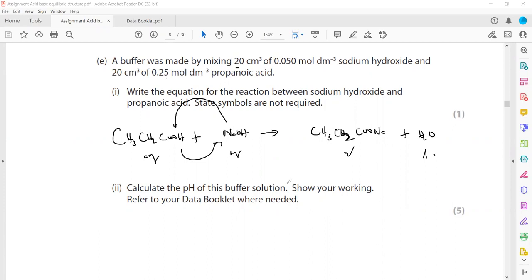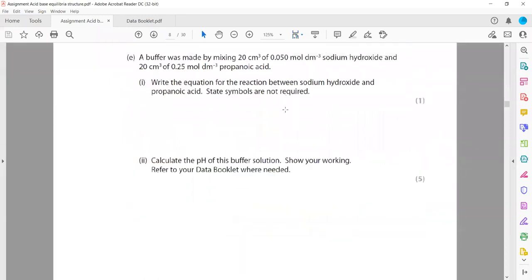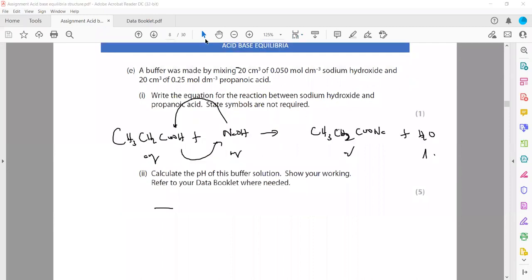Calculate the pH of this buffer solution and refer to the data booklet. Why do we need a data booklet? Because we need the Ka value, the dissociation constant. But first, as this is an equation, we should know the moles, like how many moles are left.